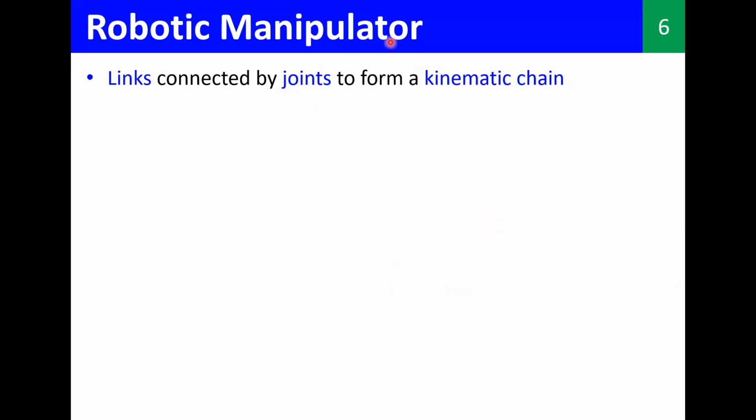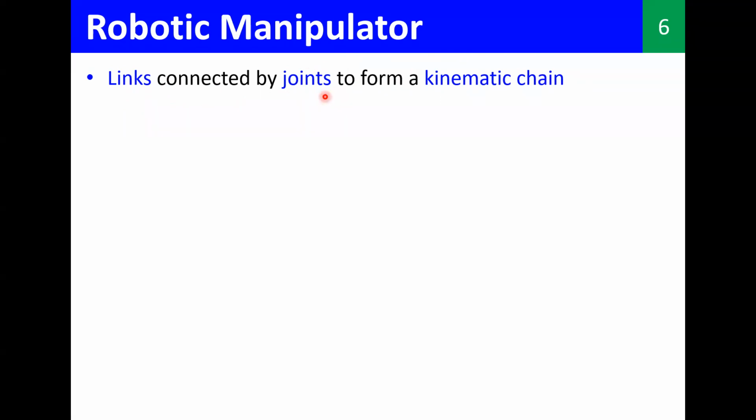So a robotic manipulator is nothing but links connected by joints to form something called a kinematic chain. Okay. So we have a set of links. It can be some metal or steel rod kind of thing, right? They are connected by joints, right?